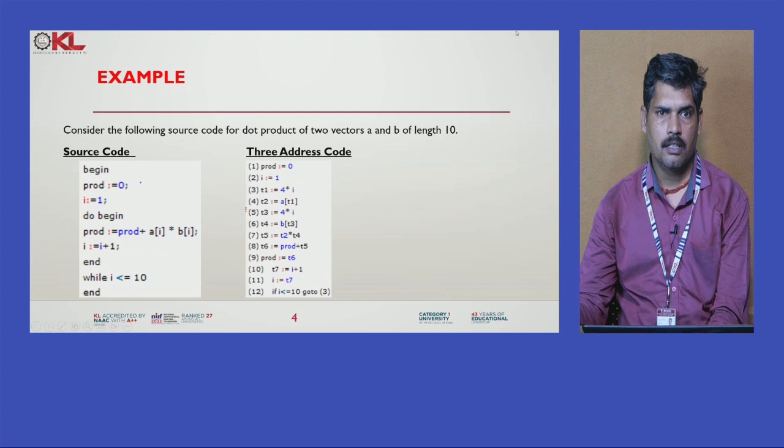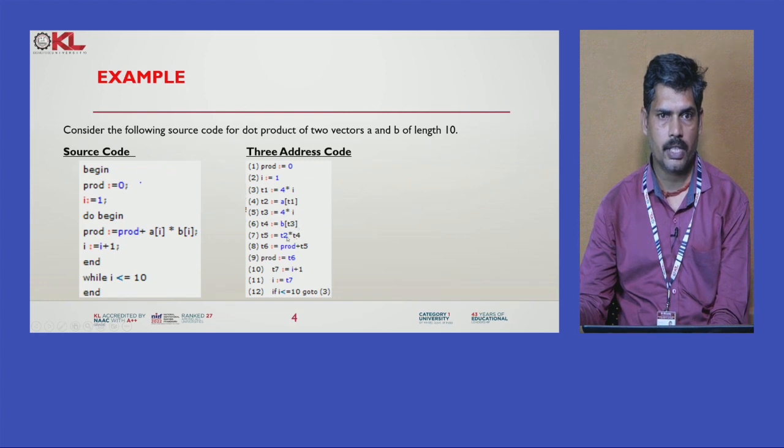That means the T1 value is the index value for array A. T3 equals 4 into I. That means T1 and T3 are the same value. And T4 is B of T3. That means array B is indexed by T3.